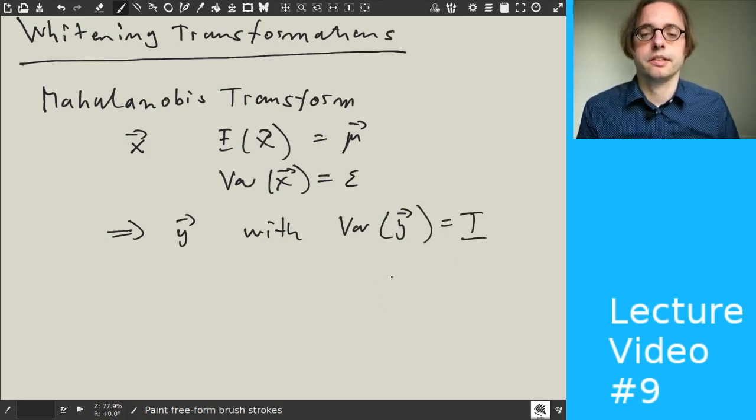So the individual components had variance 1 and there was no correlation.